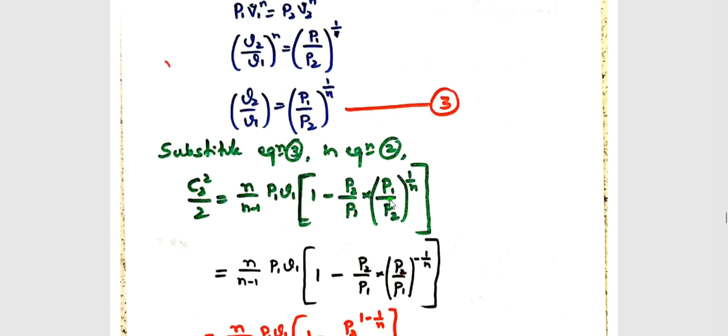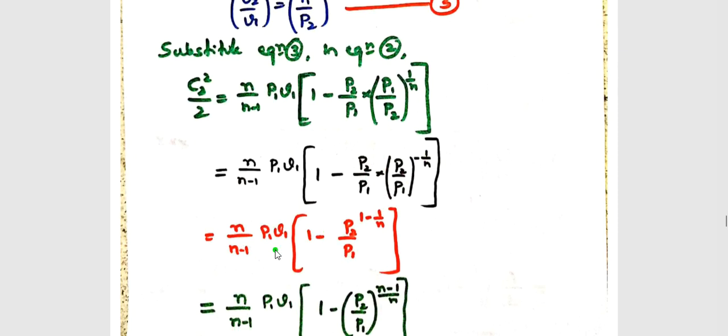The ratio of P1 by P2, if you write it as P2 by P1, there will be a sign change: plus will become minus 1 by n. So you add these two powers: n by n minus 1, P1 V1, 1 minus P2 by P1, add the power 1 minus 1 by n.